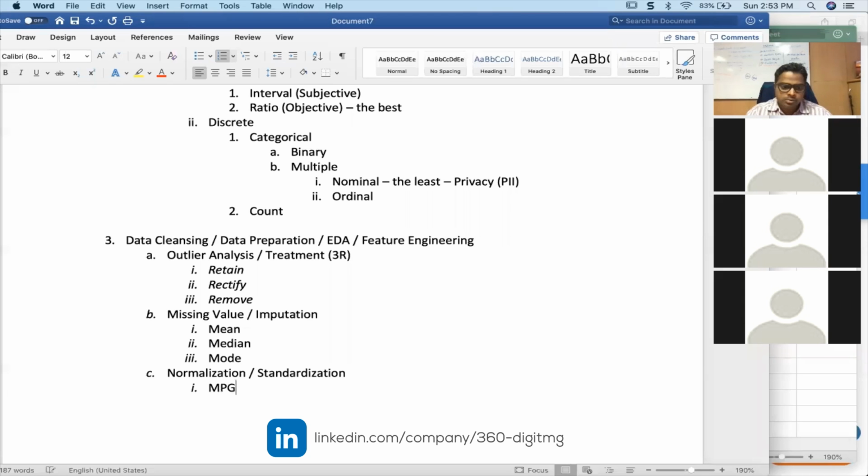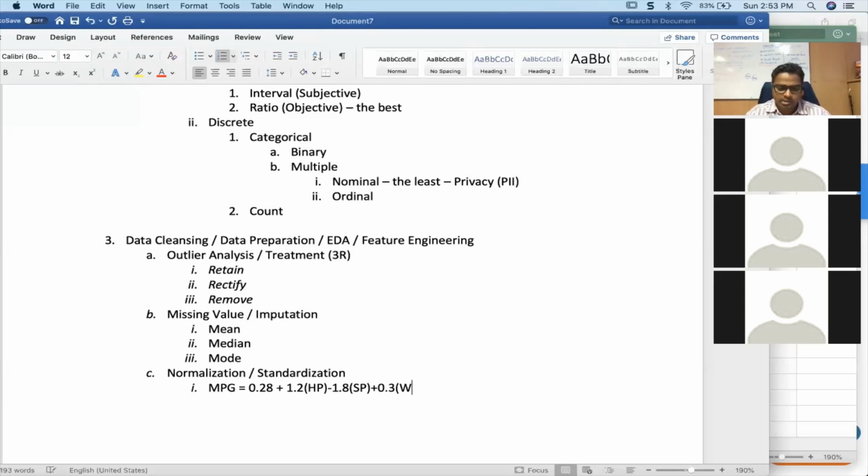Say you're trying to predict the mileage of a vehicle. How do you calculate mileage? Say you get some value 0.28 plus 1.2 multiplied with horsepower minus 1.8 multiplied with top speed, then plus 0.3 multiplied by weight, plus 0.9 multiplied by volume, whatever it be, assume you have those.